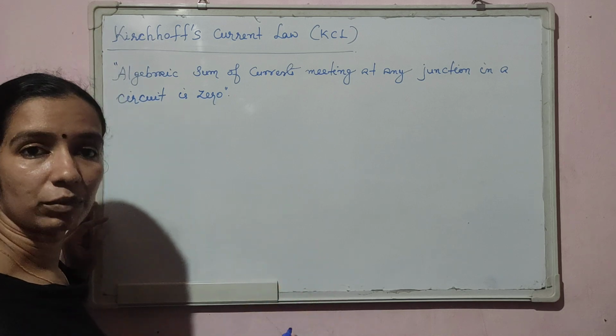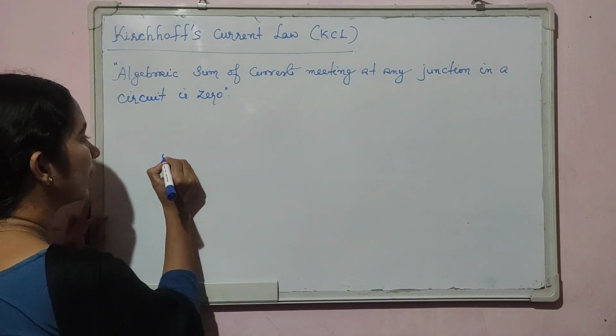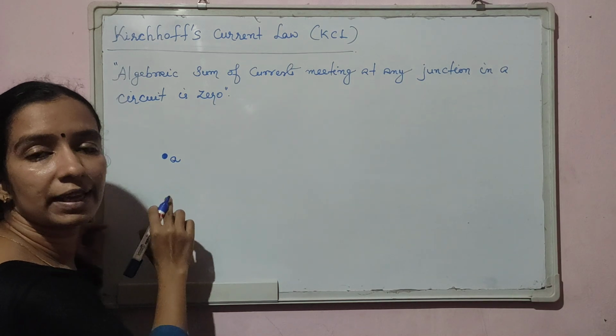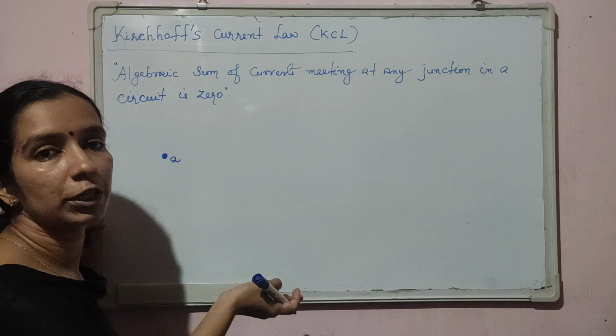As an example, let us consider a particular point A. Assume A is a node or a junction in a particular circuit.